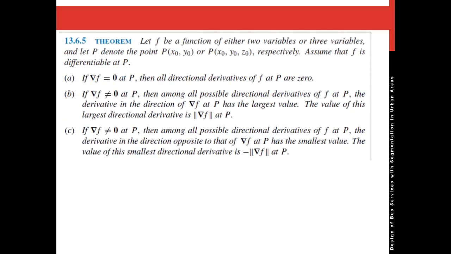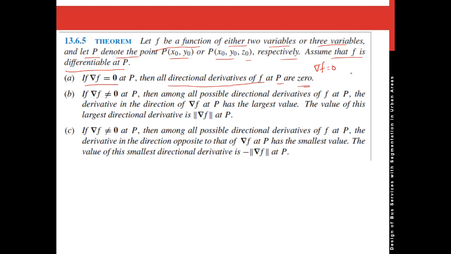Now we will go through a theorem. Let f be a function of two variables or three variables, and let P denote a point (x0, y0) or (x0, y0, z0) respectively, and assume f is differentiable at P. Then if del f is equal to 0, all directional derivatives of f at P are 0.